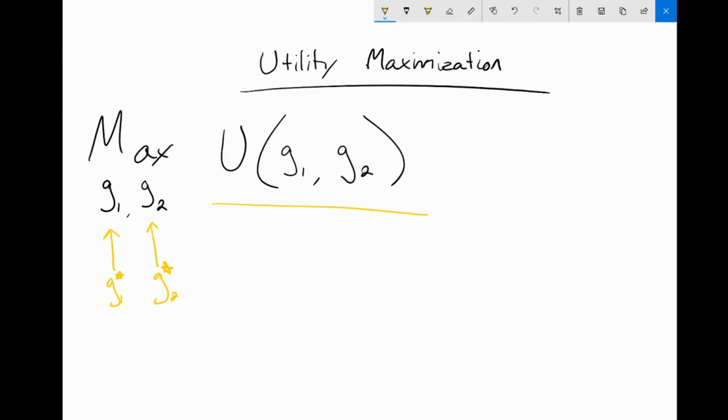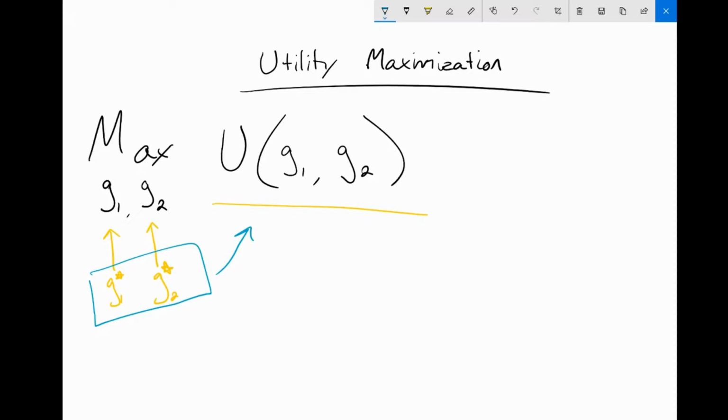Well, if they are rational agents, they will choose good one and good two such that it maximizes their utility. How much of good one and good two an agent will consume will be based on the amount of good one and good two that will maximize their utility.